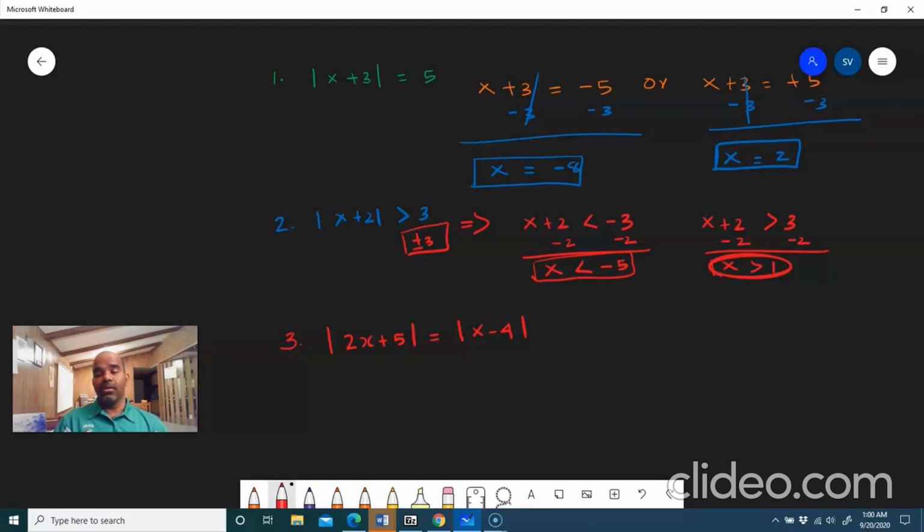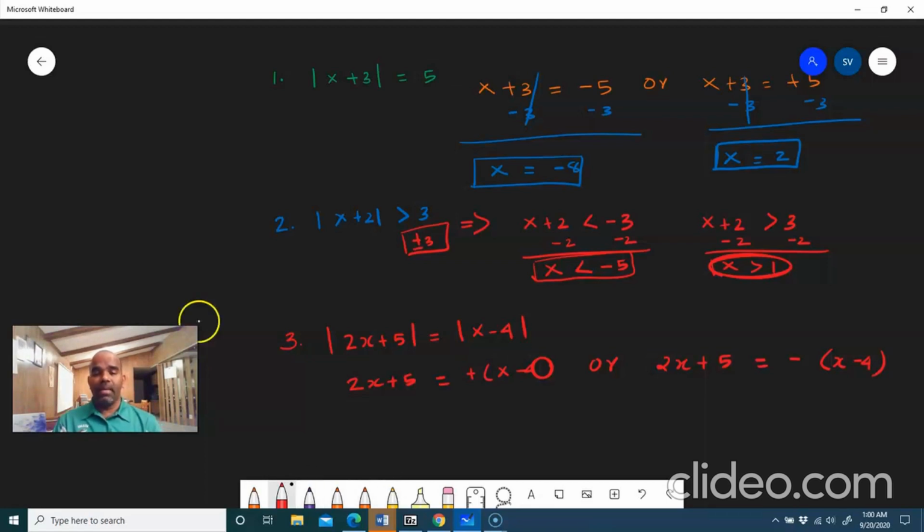That means consider the positive and negative cases of the right hand side. So this will be 2x plus 5 is equal to positive x minus 4, or 2x plus 5 is equal to negative x minus 4. Then solve these two statements. That will give you the exact answer.